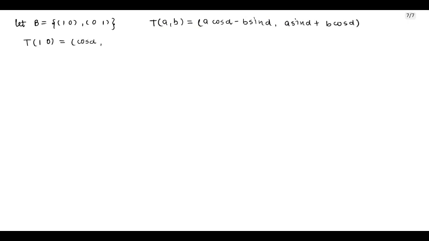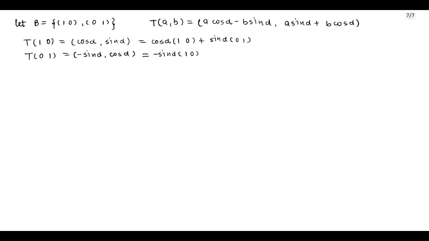(cos alpha, sin alpha). Then you get cos alpha times (1, 0) plus sin alpha times (0, 1), right? And the image T of (0, 1) is equal to (minus sin alpha, cos alpha), which is minus sin alpha times (1, 0) plus cos alpha times (0, 1).